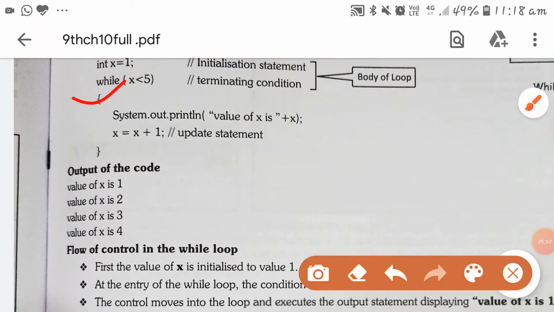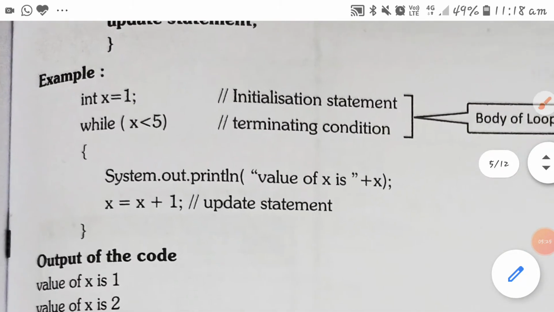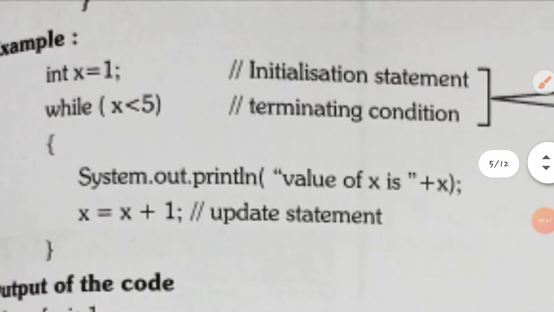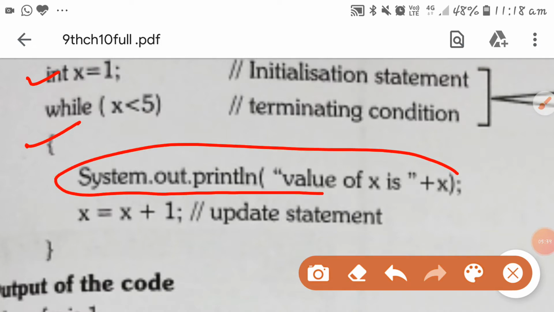Integer x equal to 1, while x is less than 5, System.out.println x, and then the value of x is increased. Initialization outside the loop, then test condition, then body of the loop, and then update statement.